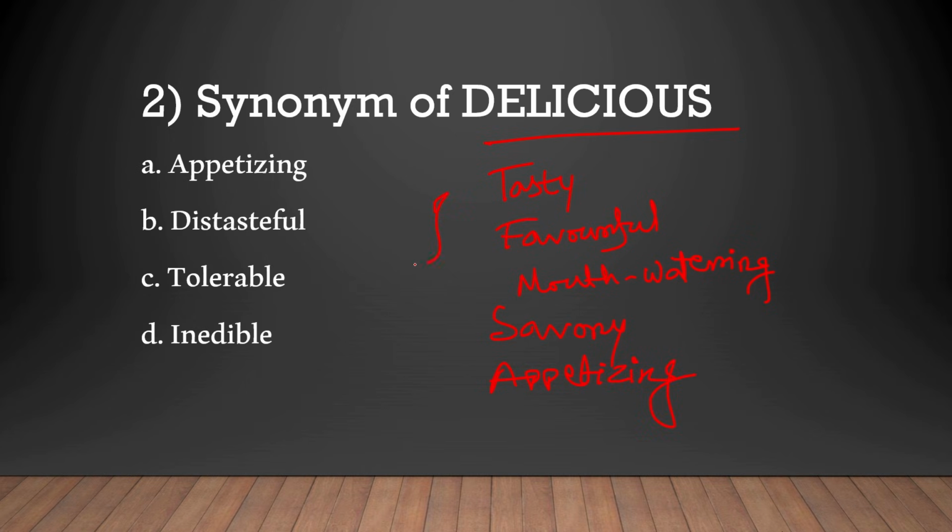So these are the synonyms of delicious. So look at option A, that is appetizing. The word appetizing also refers to food that is very tasty, and you can say mouth watering.